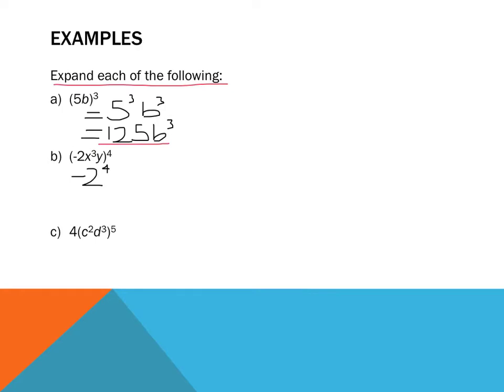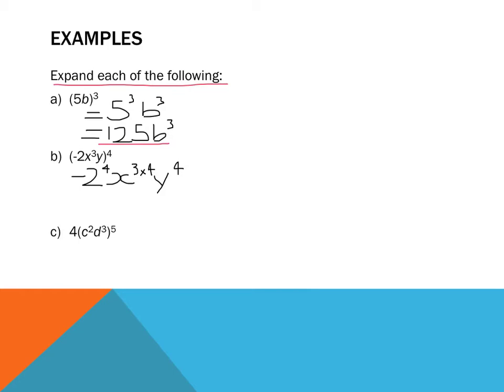Then it's x to the power of 3 to the power of 4, okay? And I know when I've got a power and I'm putting it to another power, last lesson I learned it was multiplied. So it's x to the power of 3 times 4, okay? Then I've got y, now it's y to the power of 1, and I'm raising that to the power of 4.